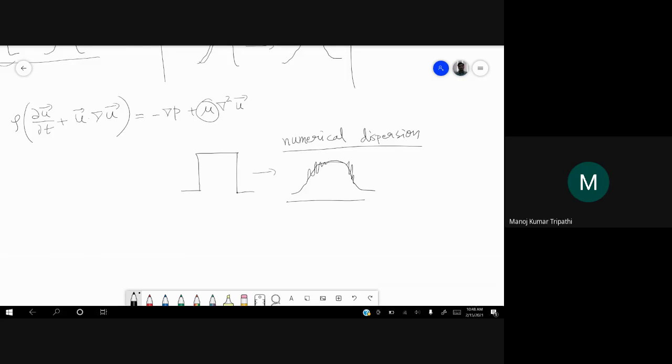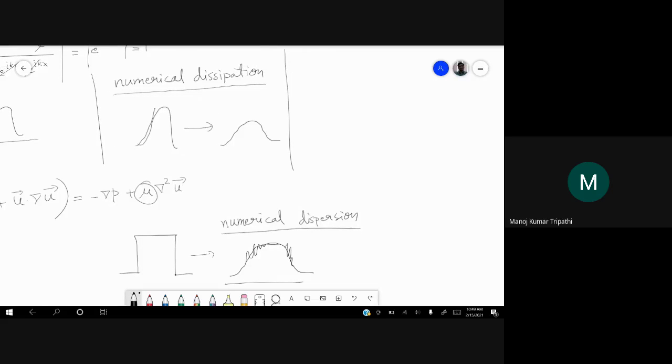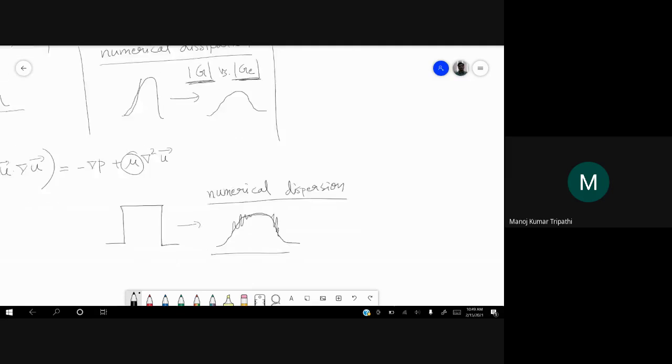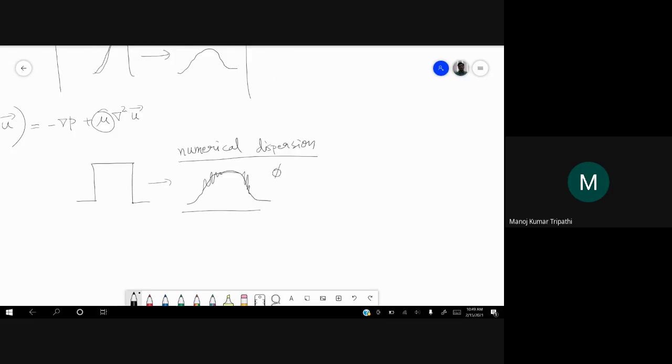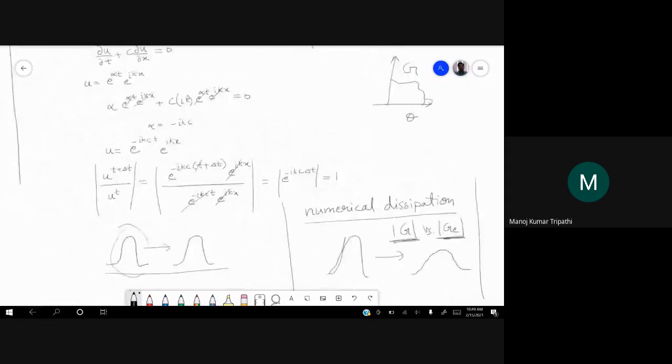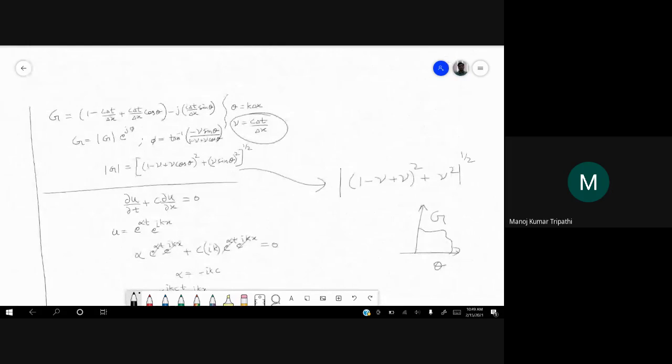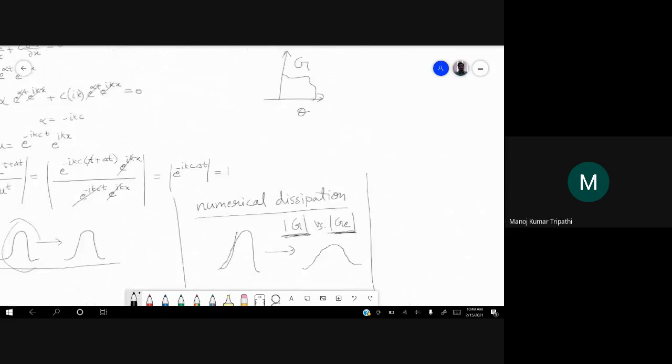So similar to this mod G that we analyzed here, mod G versus mod GE, the exact solution's amplification factor and the numerical solution's amplification factor, this is what we use to analyze numerical dissipation. Similarly, you can analyze the phi, which we derived here. Phi was the angle, the argument of this complex number, and the phi exact.